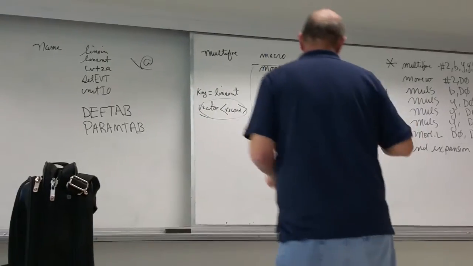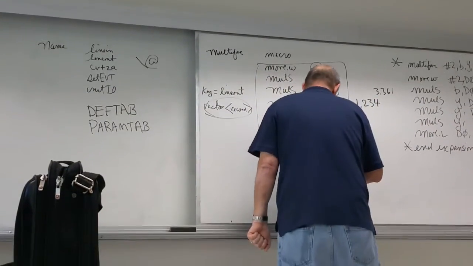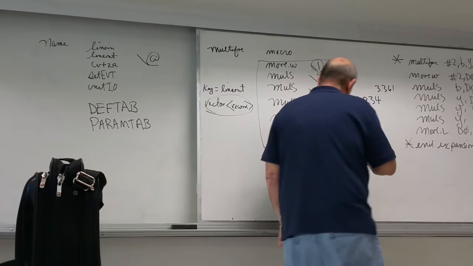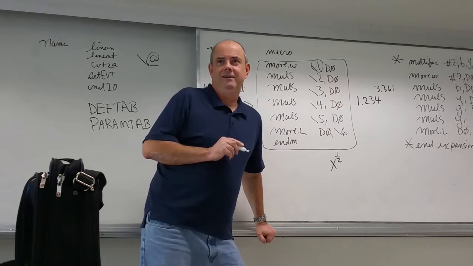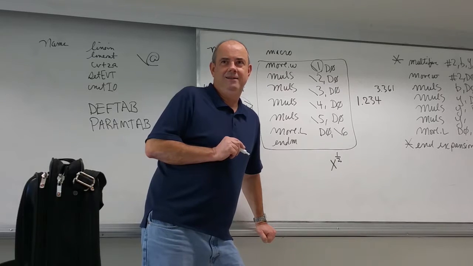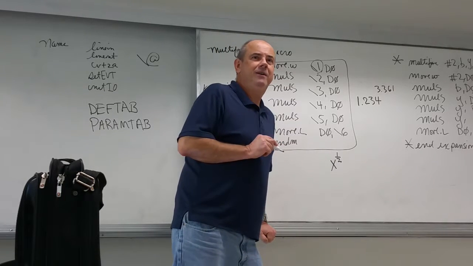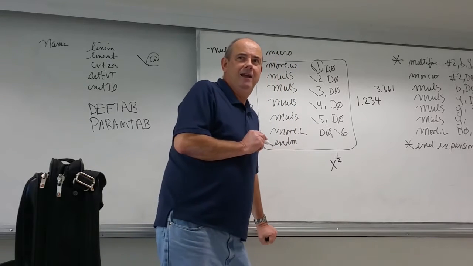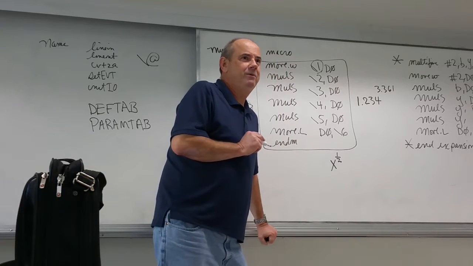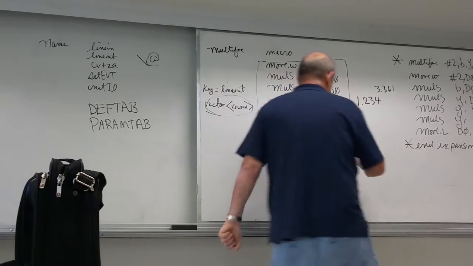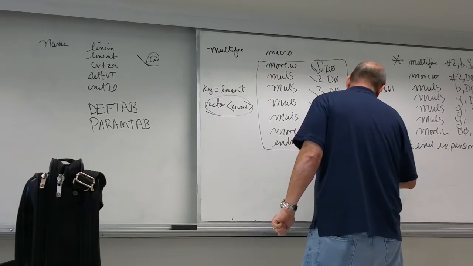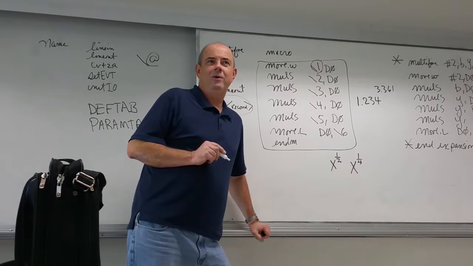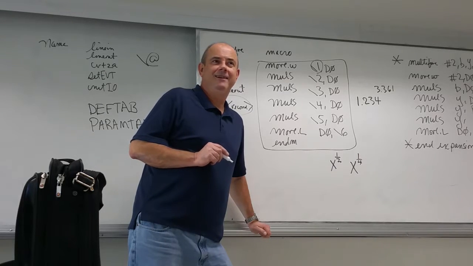Well, okay, you have a floating point number. So what's x to the 1/2? The square root of x. Okay, so that's the square root of x. What about this? The square root of the square root of x.